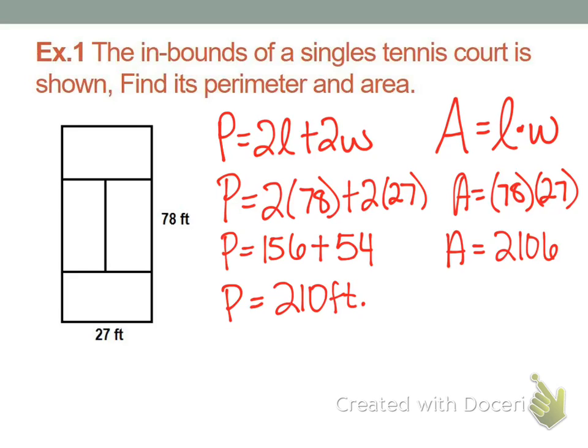All right, and our units would be? Feet squared. Very good. Area units are always squared. Anytime you find area, your units are square. So if you want to make yourself a note of that, you might want to. If you're finding perimeter, your units are never squared.